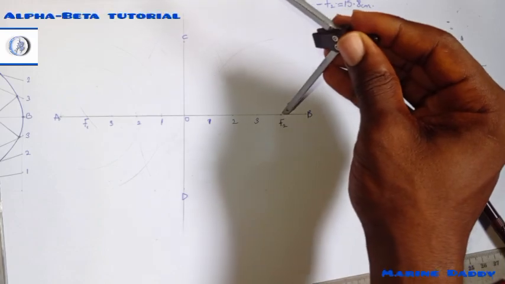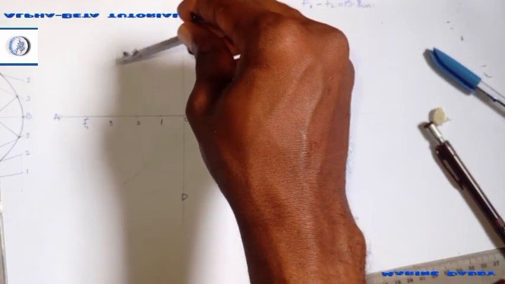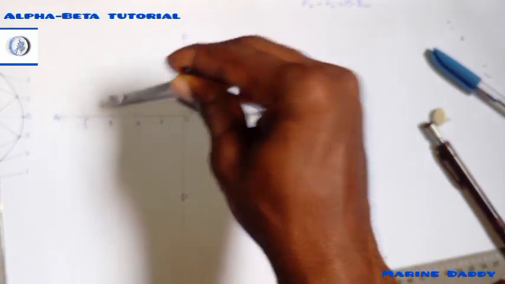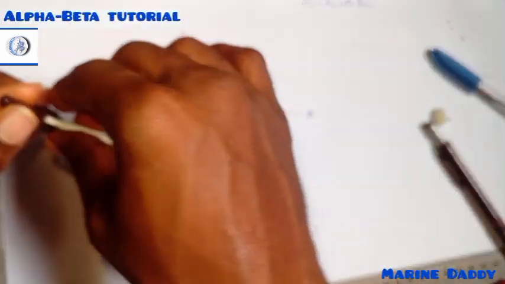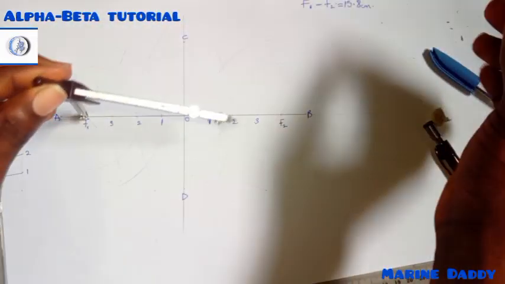Now place it at F2. Turn over to the other side. Still the same thing. Here we need to start afresh.